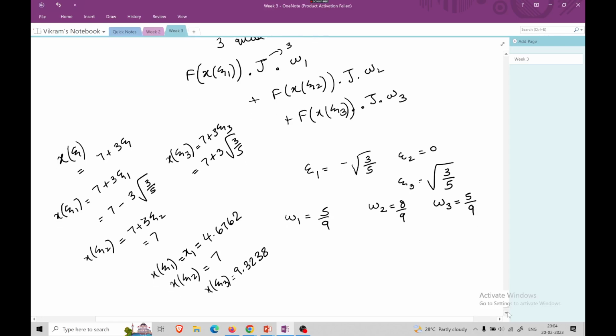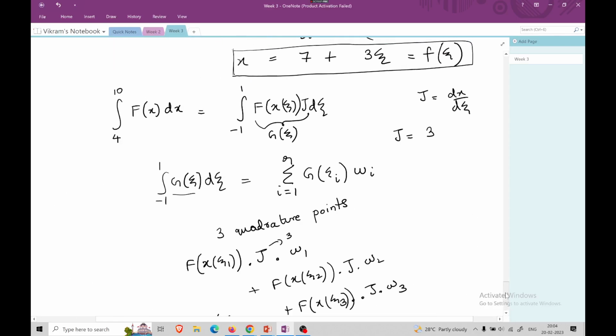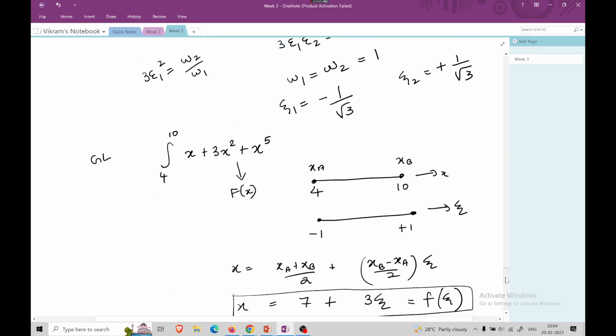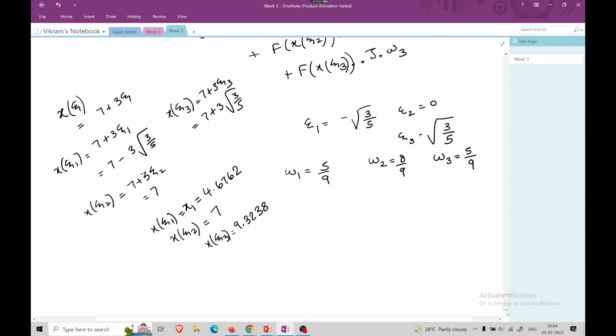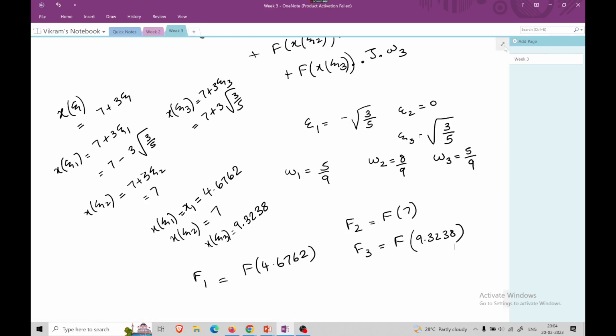Now I am going to calculate F of everything. Capital F is x plus 3x square plus x power 5. F1 is F of 4.6762, F2 is F of 7, F3 is F of 9.3238.